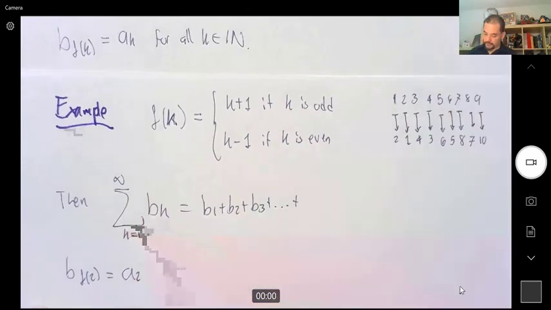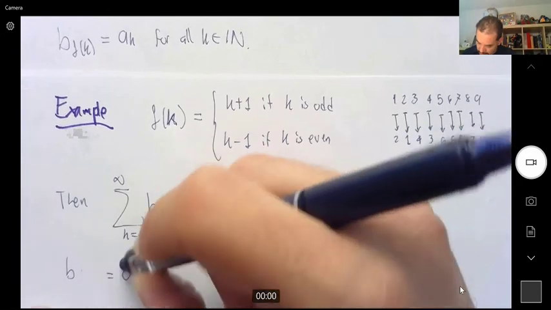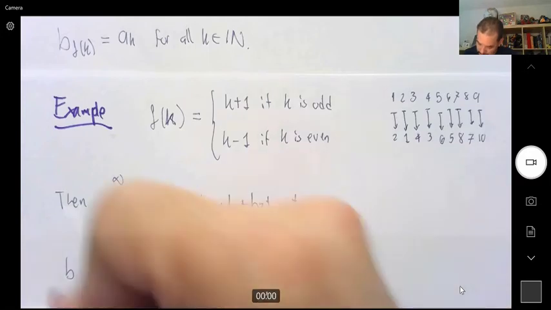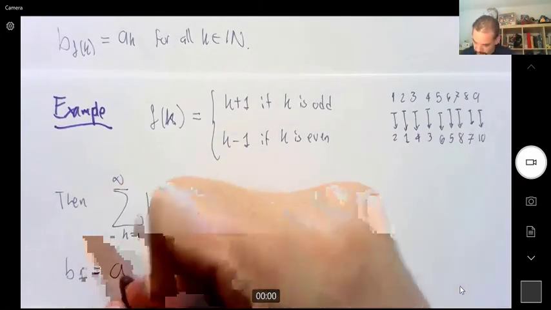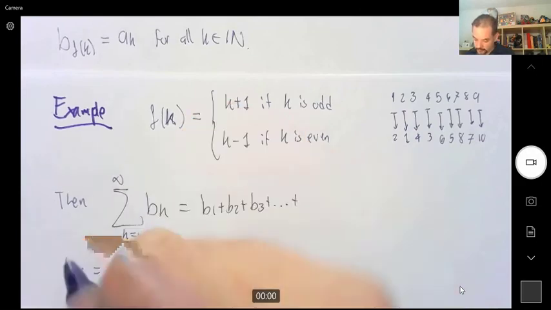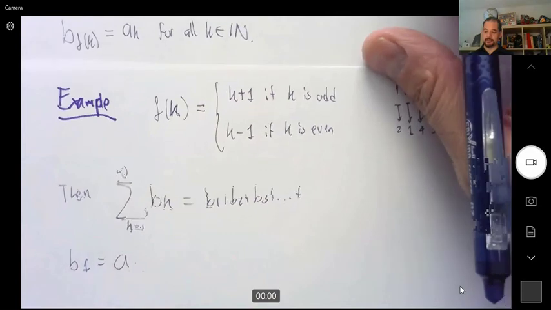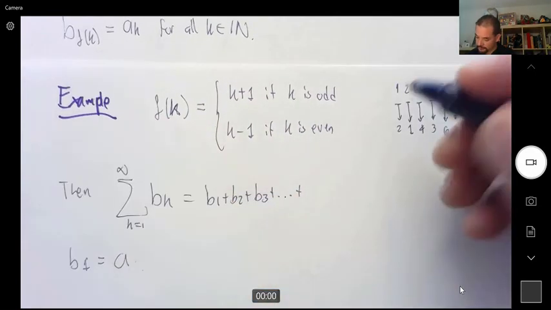All right, and then, okay, let's go back here. So I want to know what is b of 1. Well, b1 is a of, so what function goes to 1? I kind of need the inverse to figure it out. This is the function f.